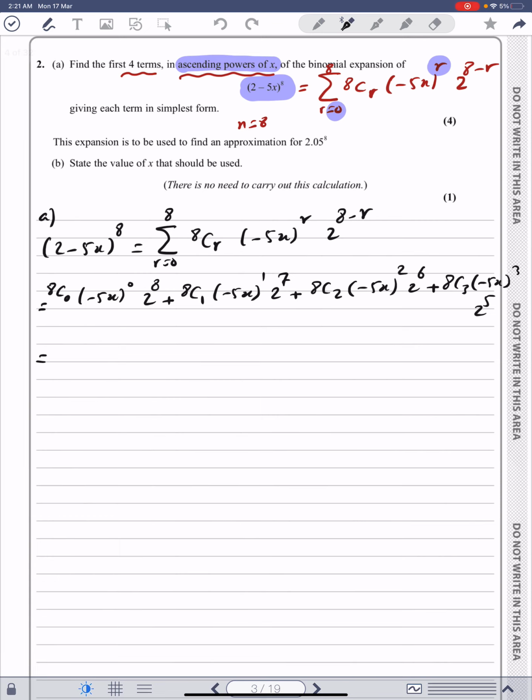Then in this question, just use the calculator for each term. Calculate. So first one, 8 combination 0 using the calculator, using shift and the dividing button, which is 1.